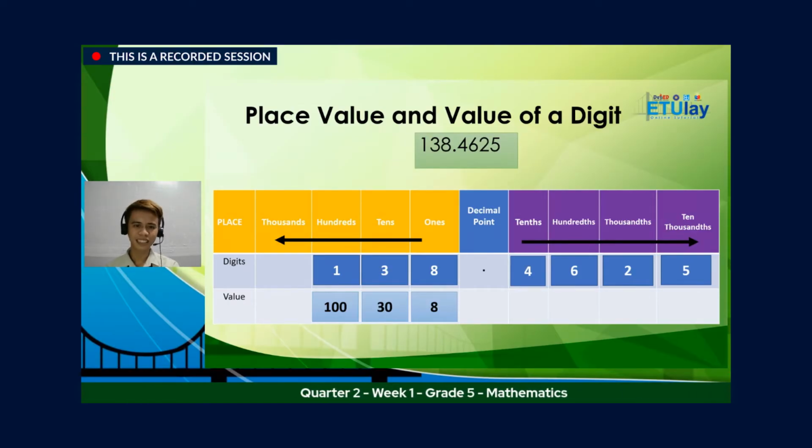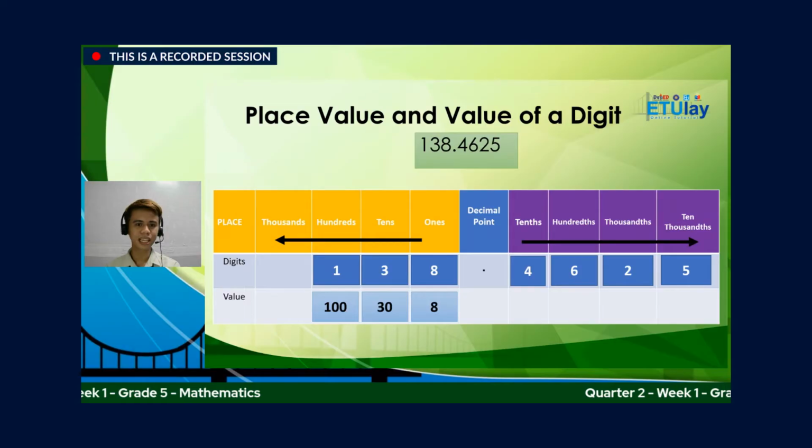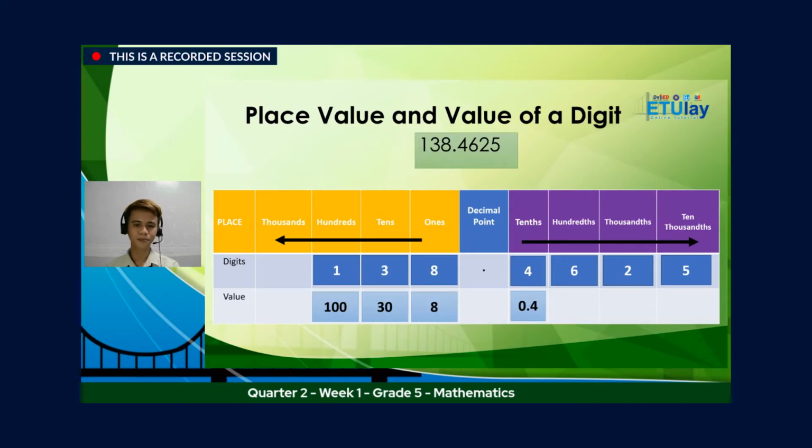Ngayon naman, pumunta na tayo dun sa ating mga numbers na nasa right ng ating decimal point. Our first digit is 4. And kailangan natin makuha ang value niya na may place value na tenths. So, ang ating value para sa first digit after the decimal point will be 4/10 or 0.4.